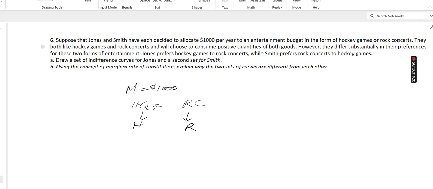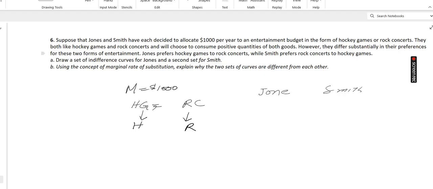However, they differ substantially in their preferences for these two forms of entertainment, meaning their preferences are not the same. John prefers hockey games to rock concerts. Now we have two people, John and Smith, and we have two commodities, hockey games and rock concerts. Now we can see the preferences.